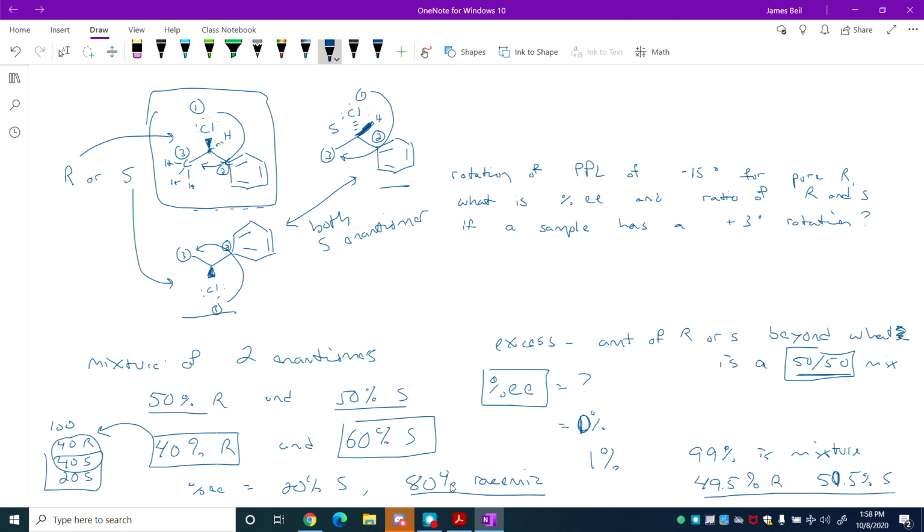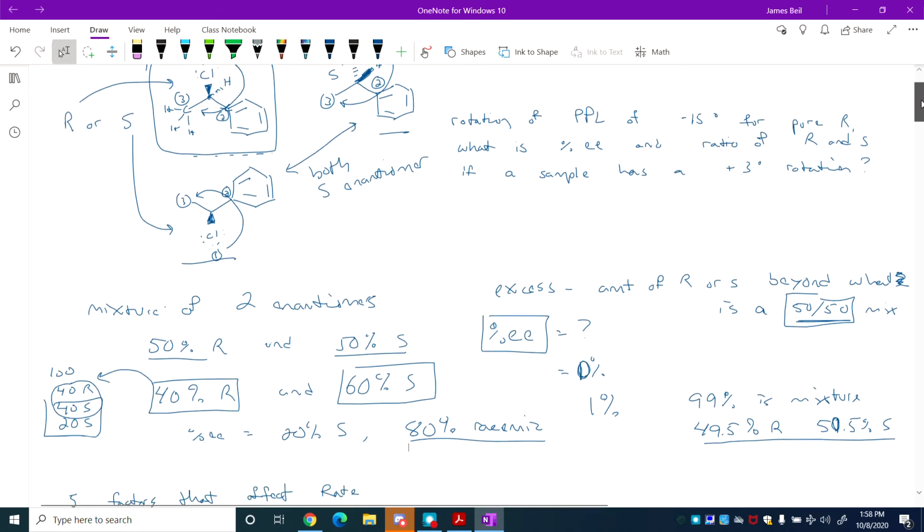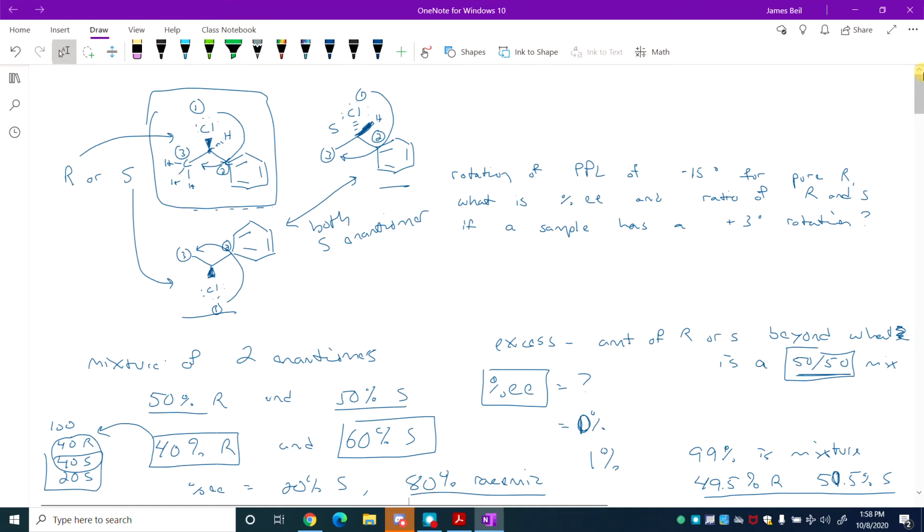It doesn't have to work like this with nice round numbers either. I could just make up some more numbers. So let's say I had 73% R and 27% S. What would the excess be in that case?